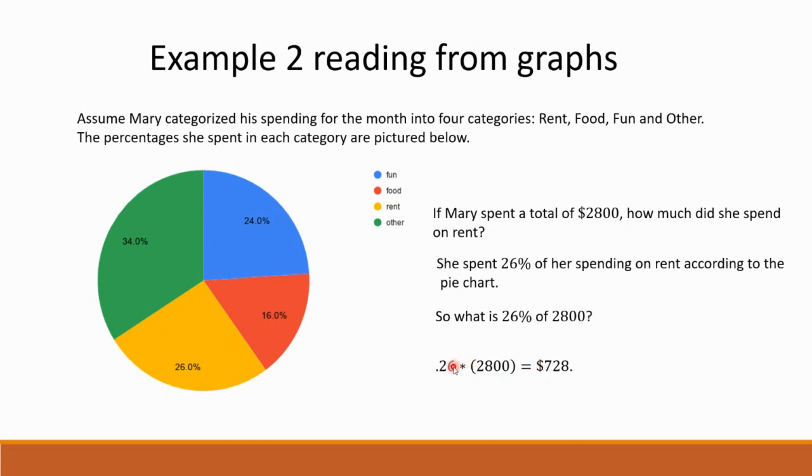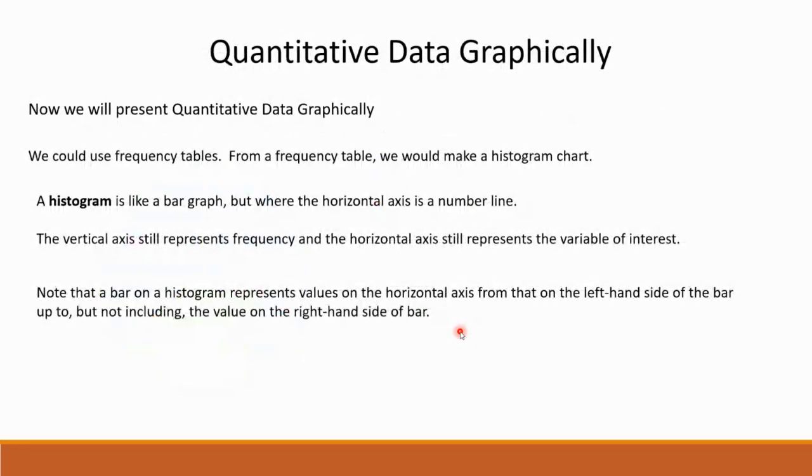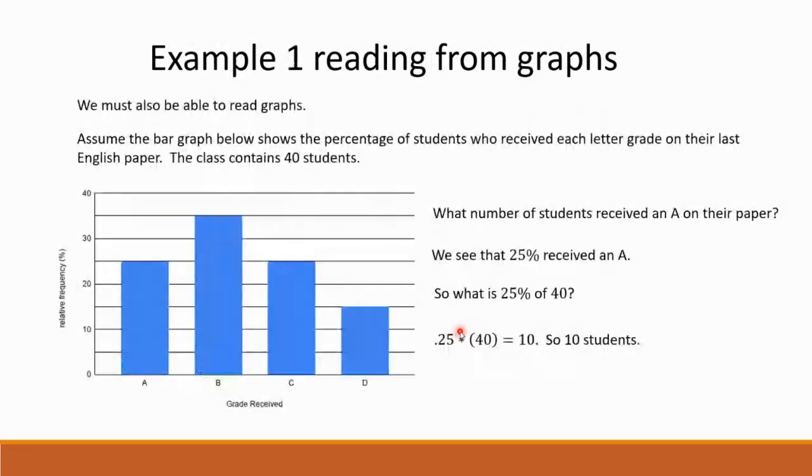All we do is we just do 0.26 times 2,800, which is 728. That's all. So it's just a simple percentage problem and reading a pie chart. Okay, that's good. Now, are there any questions about these examples?